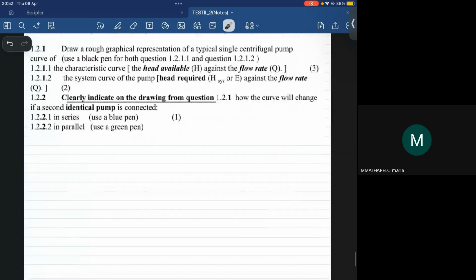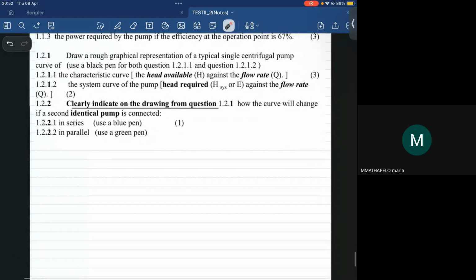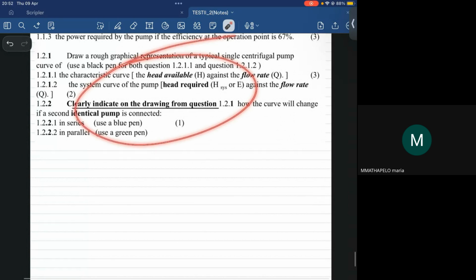To answer question 1.2.1, this question actually wants us to draw a centrifugal pump graph. We don't have to use graph paper, and we don't have to use Excel, but we can draw this graph using freehand drawing.